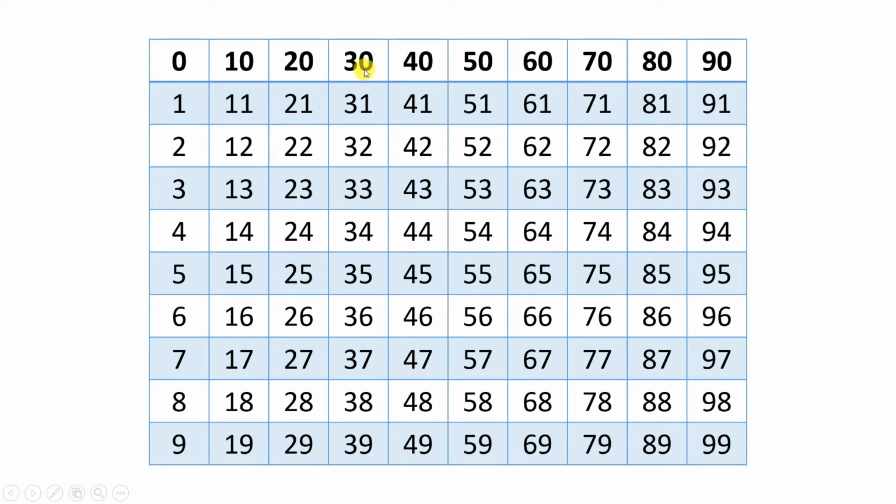Then combination with 3, so it is 30 to 39. And so on we go up to combination with 9, so 90 to 99. After this, you find that the combination of 2 digits is exhausted, and therefore we will use 3 digits and 4 digits depending on the number which we want to represent.